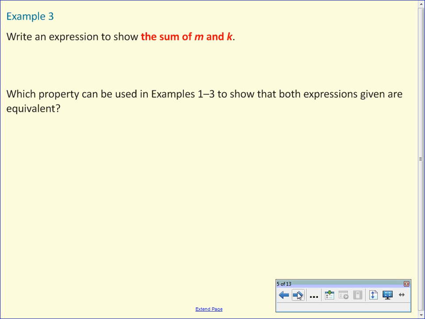And let's look at example 3. Write an expression. So we're looking for an expression to show the sum of m and k. Sum is what operation? Addition. So how would I write that? Yep. M plus k, or I could write k plus m. The last 3, we were able to write it in any order.